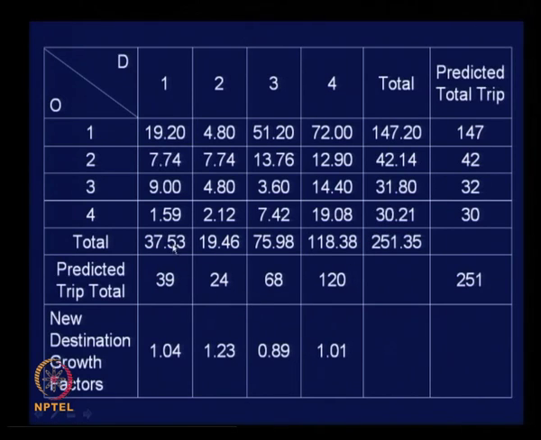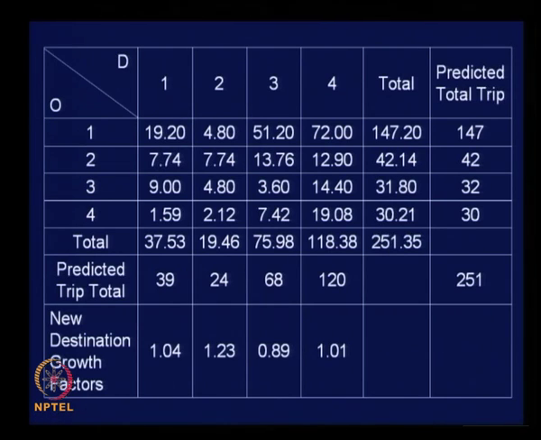We have 37.53 instead of 39, 19.46 instead of 24, 75.98 instead of 68, and 118.38 instead of 120. So work out the new growth factors for the columns. We get 1.04, 1.23, 0.89, 1.01, much better. They are relatively closer to unity compared to the previous iteration, right.